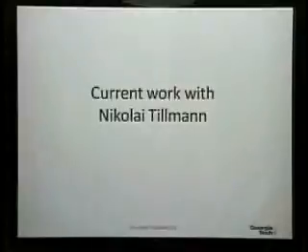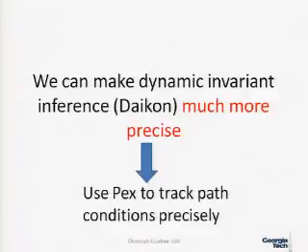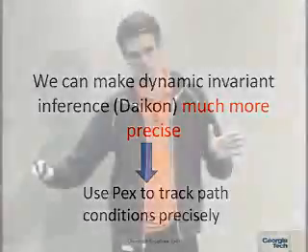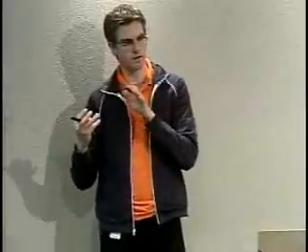And for this week, as Nikolai already said, we are working on a more precise version of Daikon, which tries to be more precise by using PEX and collecting path conditions, and using those path conditions to have more precise pre and post conditions, because we get all the conditions from the execution and do not need to rely on the predefined hard-coded list of templates that Daikon has.